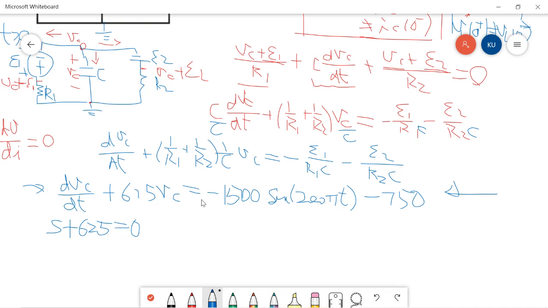We just let the right hand side be 0 first. So we have s equals minus 625, which means that VC, the homogeneous solution, VCC, is an exponential to minus 625 t.